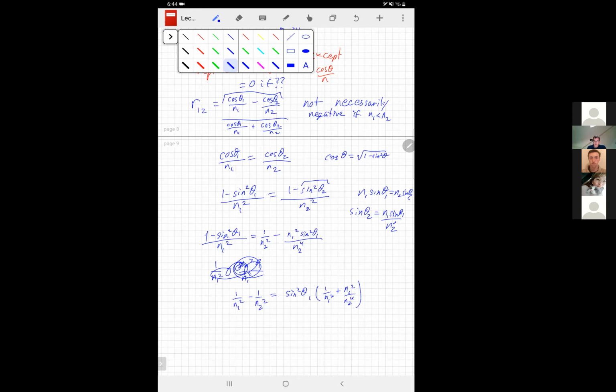Now, if I try to go much farther than this, we slog through basically an algebraic death march. And I don't really want to do that.